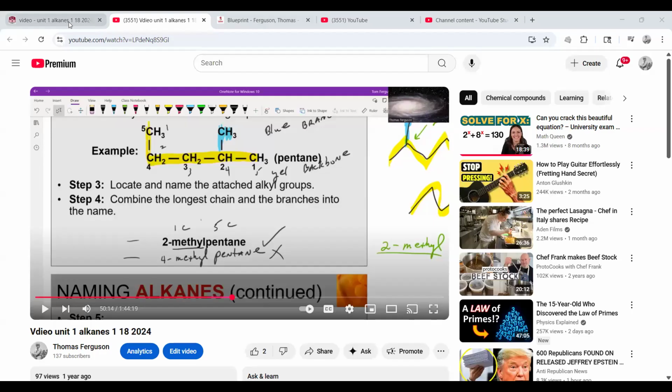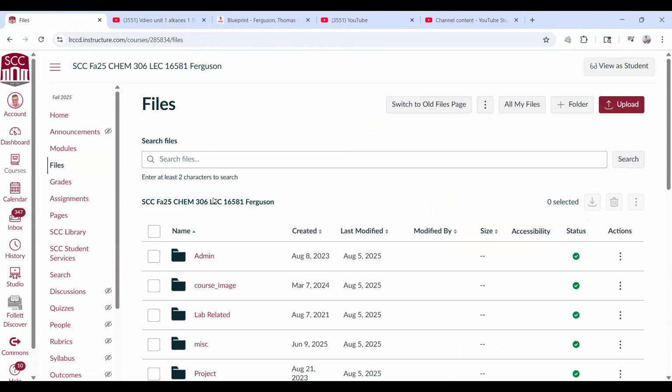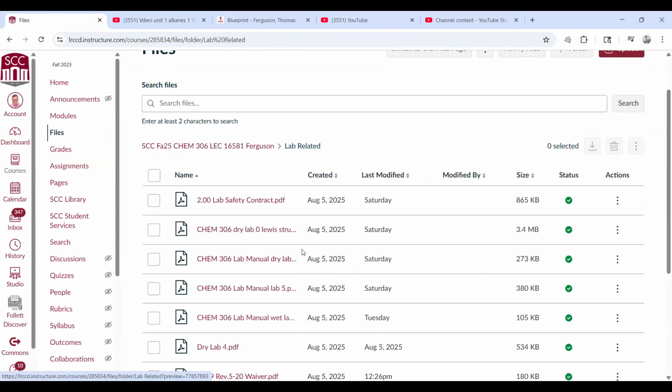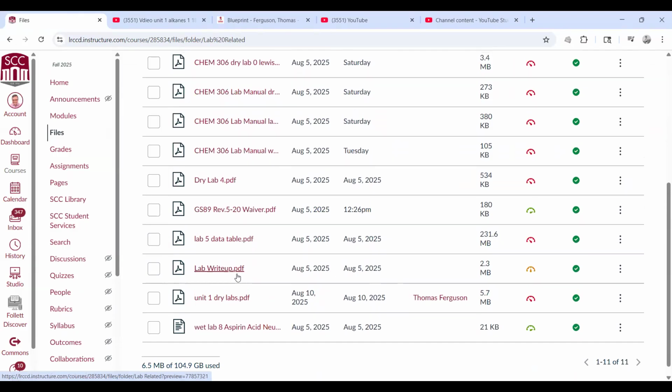And then you go to Files, Lab Related, and it'll say Dry Lab 0.